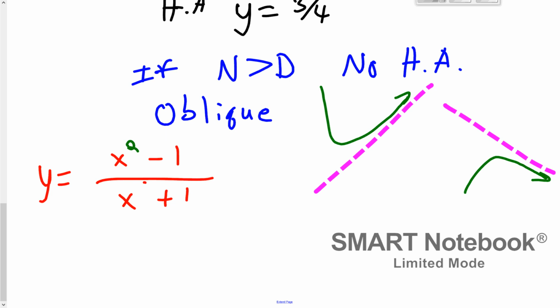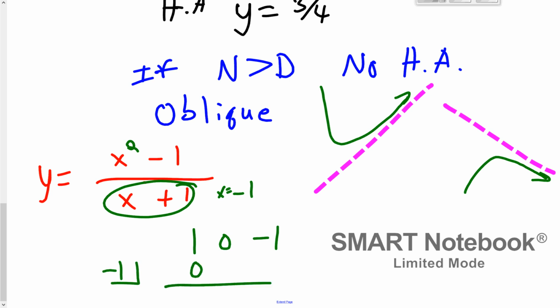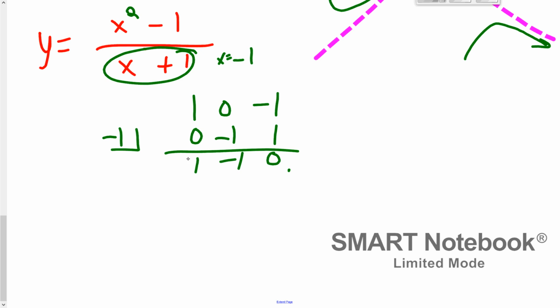I could do 1, 1, 0, negative 1, and set this equal to 0. That'd be negative 1 for my x. Put that in my box, negative 1. Run it through synthetic division. Negative 1 and positive 1, 0. So what that means is this linear part, y equals x minus 1, because we went from x squared to now this is x minus 1.